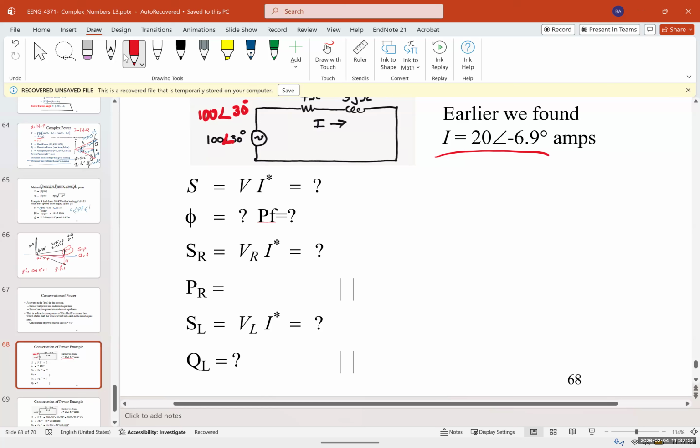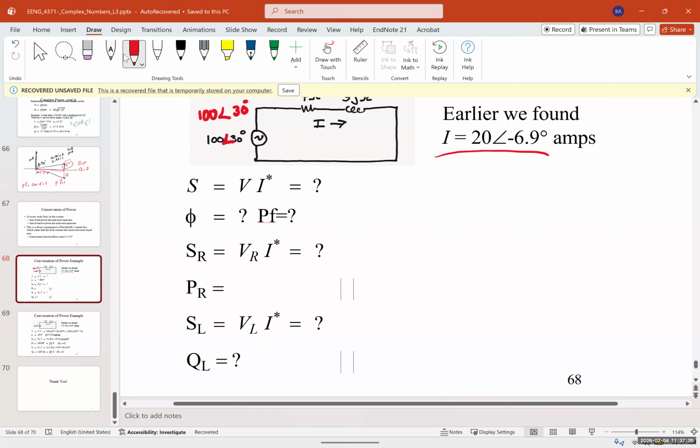So what is S? What did you find? 2 kilowatts. Okay. And what did you find for phi? Okay. What about power factor? 0.92. Okay. What about PR?